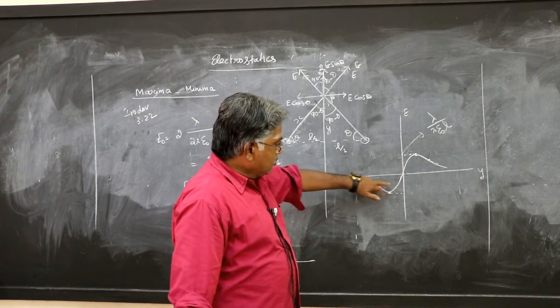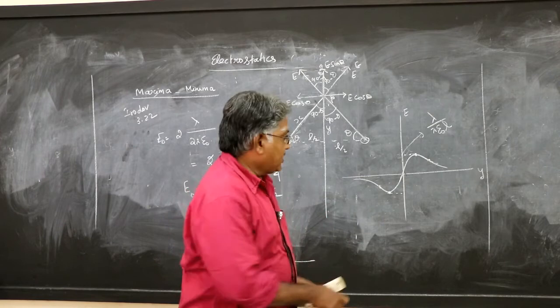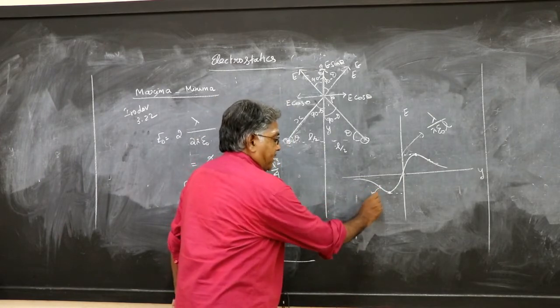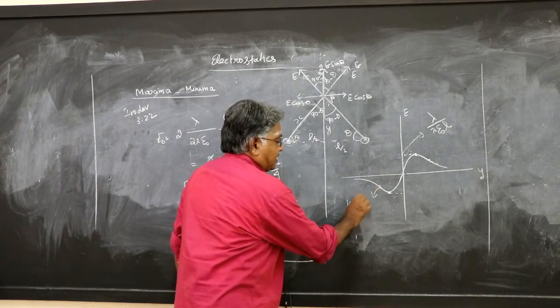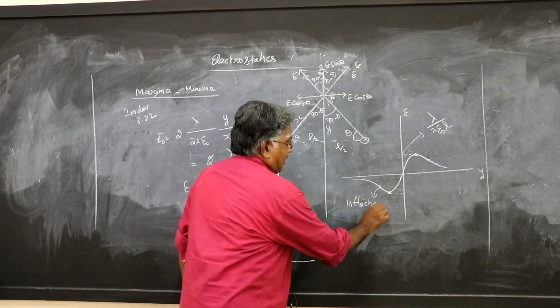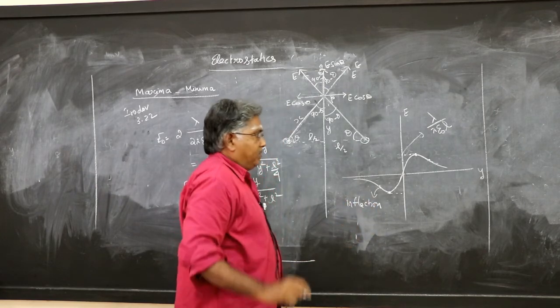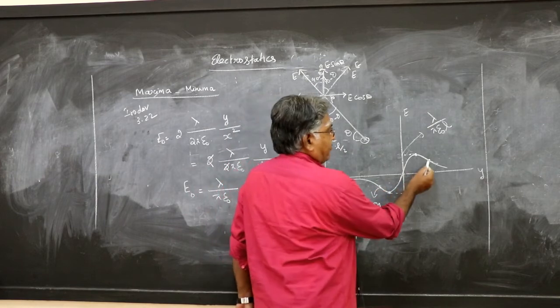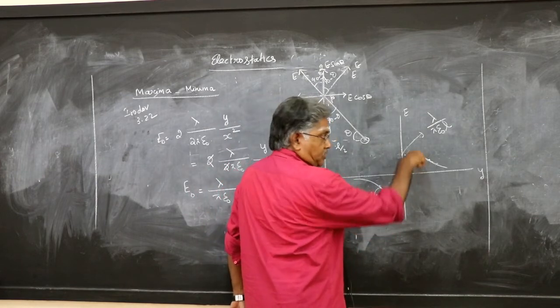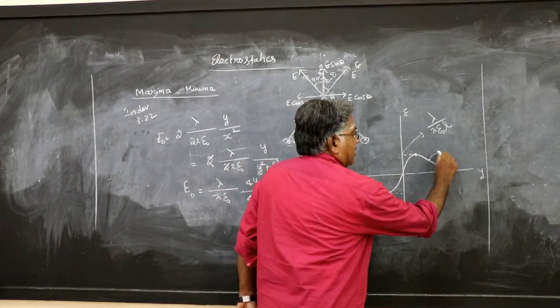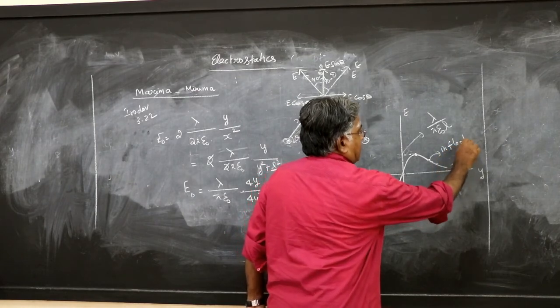So concave down to concave up, it changes at this point. So this is an inflection point, point of inflection. Similarly here also, concave down, concave up, this is another point of inflection.